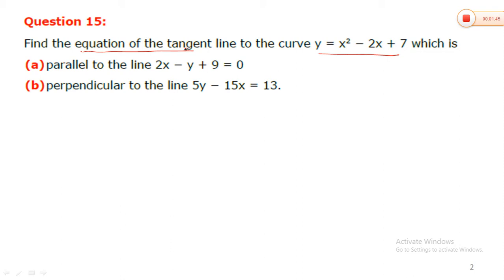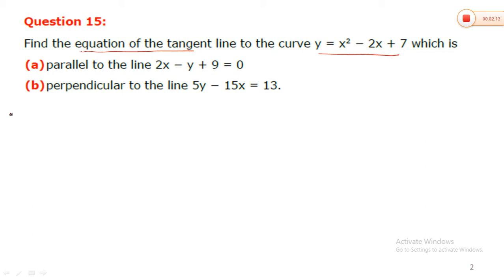We get the value of x, and after putting it in the given equation, we get the value of y, that is x comma y. Then the slope is available, the point is obtained, so the equation of the tangent will be obtained as said previously.